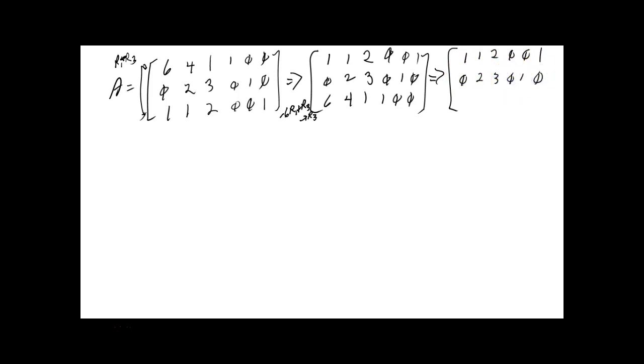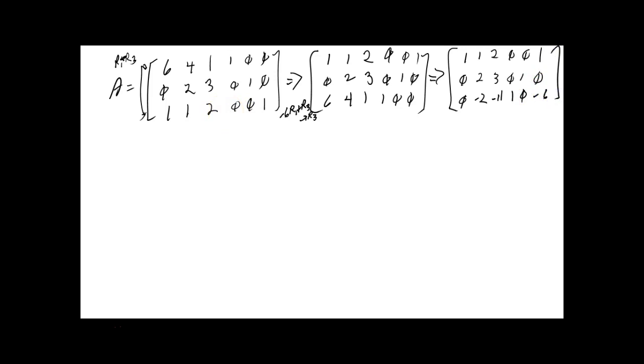The new third row, though, is what? 0 for that one. Negative 2 for that one. Negative 11 for that one. I don't hear well, but I figured out what you said. And 1 for that one. 0 for that one. Negative 6 for this one.